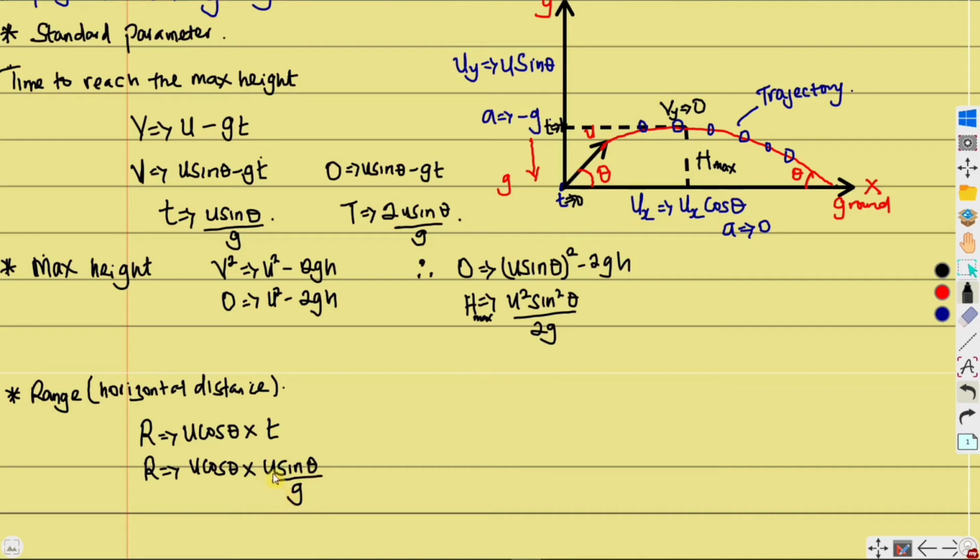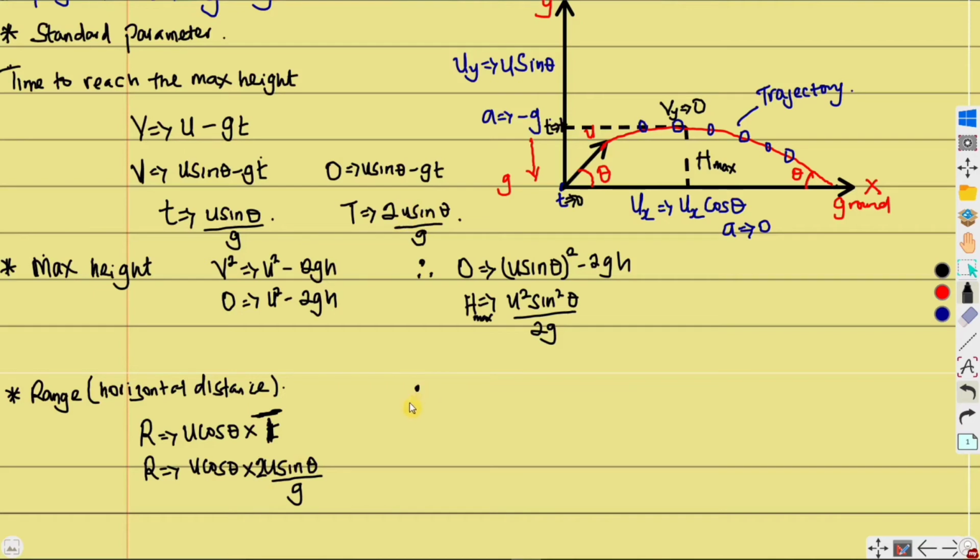Sorry about that, it should be capital T and not small t, because the body is going up and coming down. Look at it, this is the body speed, then the body has gone up and also come down. So this should be 2u sine theta over g.